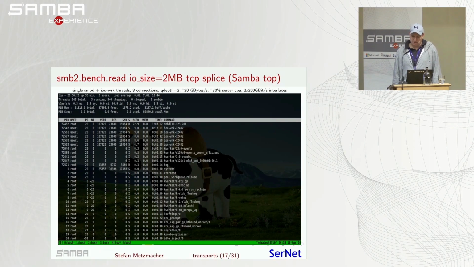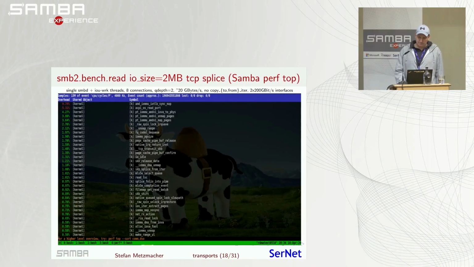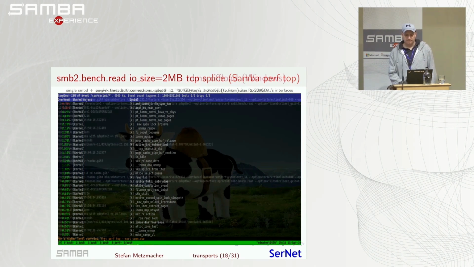So the network side would allow much more, which we will see with RDMA in the next slides, but I think that's, even without RDMA, a very good result. And with PerfTop we see basically we don't do any memcopy or copy at all, only page management and so on.